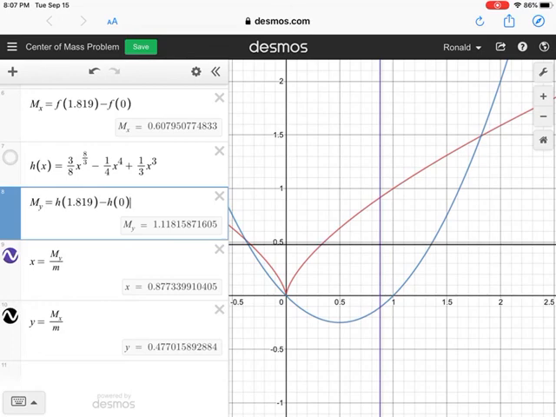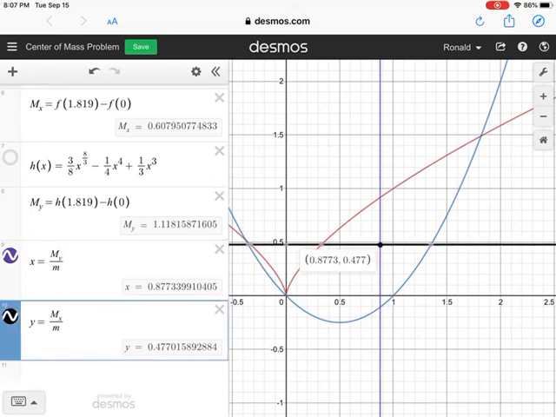And so that is the black horizontal line. And so where those two lines cross is our point of intersection. That's our point. So the point right there is 0.8773, which is the x value, and 0.477, which is the y value of the center of mass.